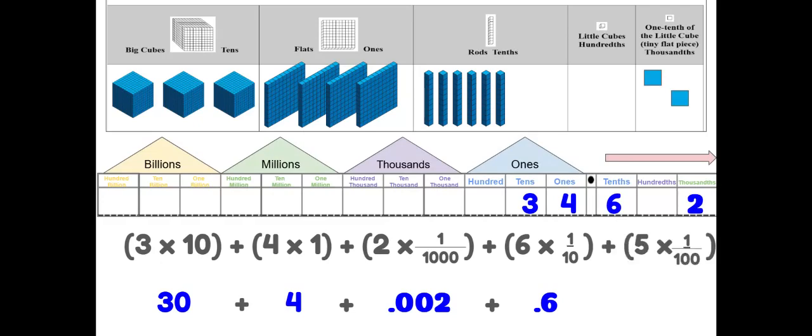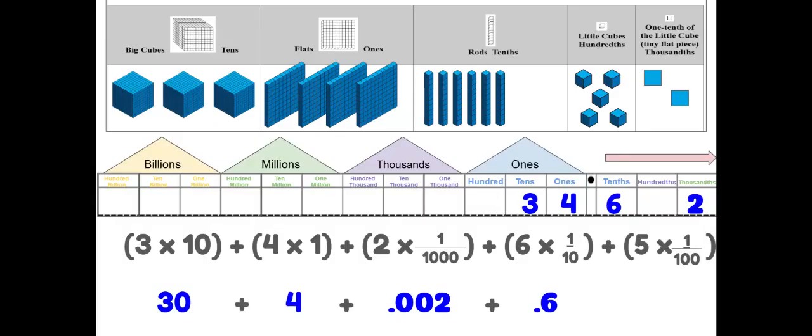Now we're going to add one more mystery value, and that is 5 groups of hundredths. That means we need 100 of them to make one flat. Hundredths, because they are smaller than a 1. If we build 5 hundredths, it would look like this.